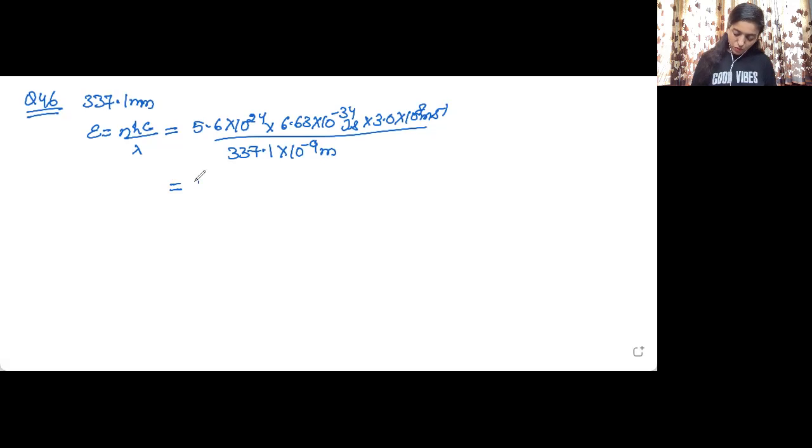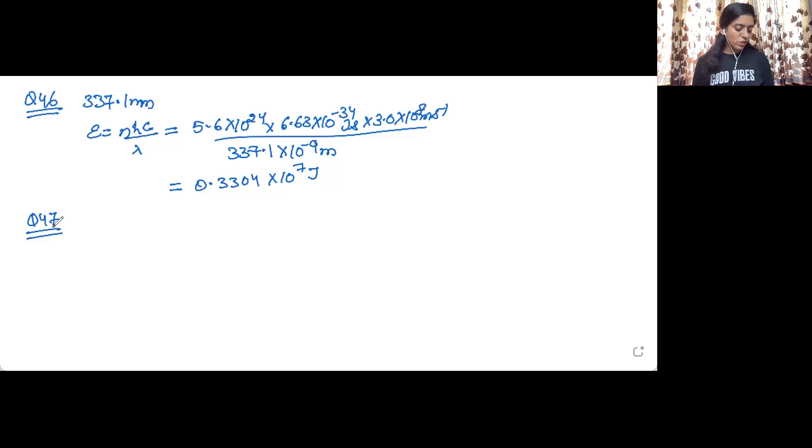So it is coming out to be equal to 0.3304 into 10 raised to the power 24 minus 34 plus 8 minus 9 plus 8 plus 9, 7. So this is the value of energy. So you can just convert this into scientific notation. All right. Let us now move into question number 47.